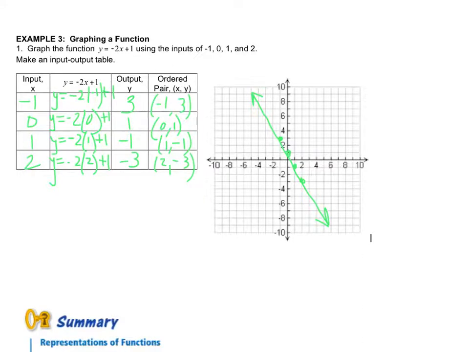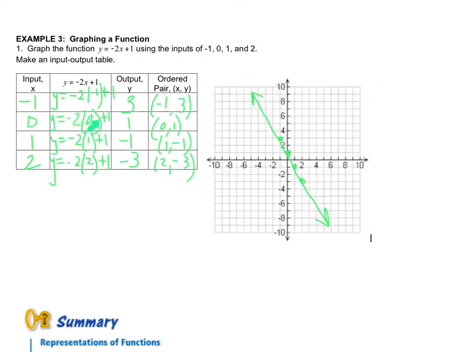So I'm hoping you have the same thing, and hopefully you can now see where this all comes from. This was back in chapter 4 as well, when we were graphing the equation. Now we're just using the word function. So negative 1 was our input. I plug it in where the x goes. Negative 1 times negative 2 is a positive 2, plus 1 is 3. So negative 1, 3 was my first point. 0 goes in.